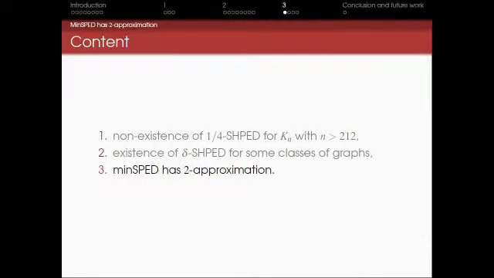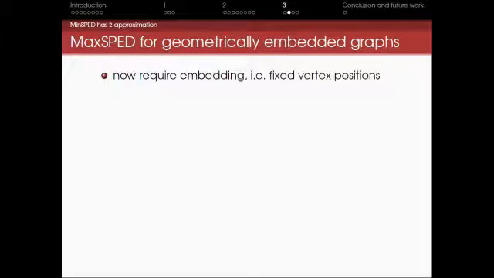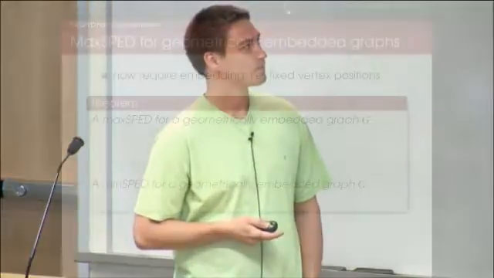Now we come to the minimum spread, which has a 2 approximation. First, we change the concept in that way that we require an embedding, so that we have fixed vertex positions, and such graphs are called geometrically embedded graphs.